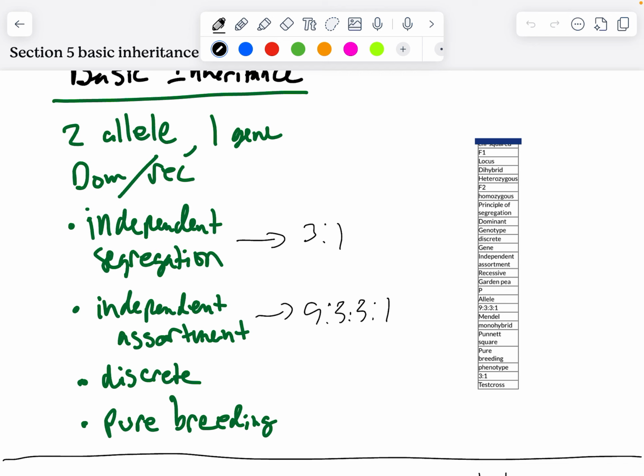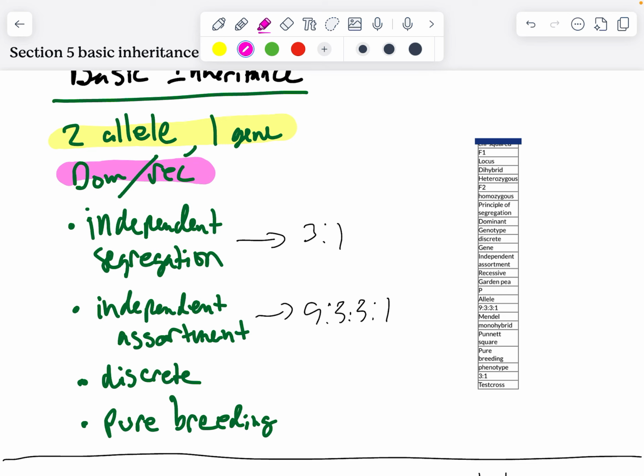And so just as a review, we said that Mendelian inheritance means that we have one gene and that gene has two alleles, and those two alleles have a dominant recessive relationship. So if you're dominant, you need one copy of the allele to show the phenotype. If you're recessive, you need two. Yellow peas are dominant to green peas, purple flowers are dominant to white flowers, and tall plants are dominant to short plants.